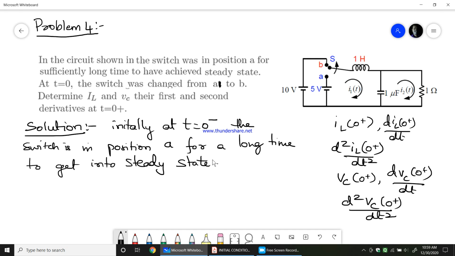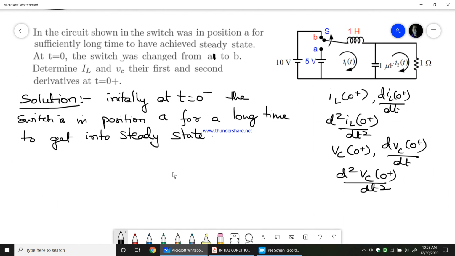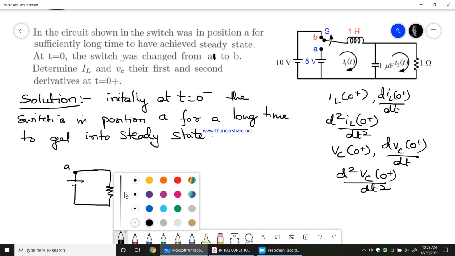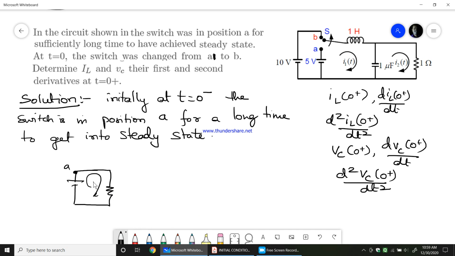Now once this is found, we see the circuit would be, so in position A we have 5 volts, then we have the inductor which behaves as a short circuit and the capacitor which behaves as an open circuit at steady state. So we see this would be the circuit. So this would be i, 1 ohm, and this V would be equal to 5 volts.